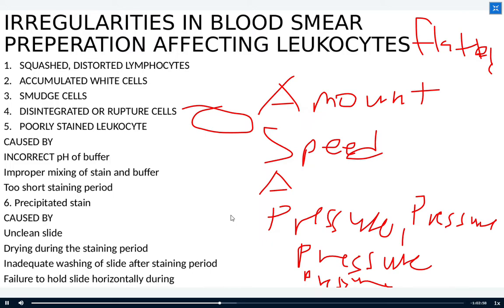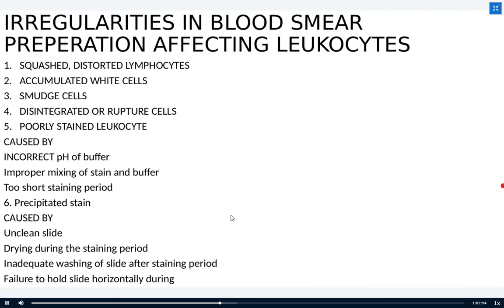As I said earlier, you have to check if the stain is proper. Now, this would usually be caused by incorrect pH of your buffer. Normally, the correct pH of the buffer is 7.2, but depending on how it is prepared, if it's commercially prepared, like the Bavarian. But normally it is 7.2, so slightly acidic.